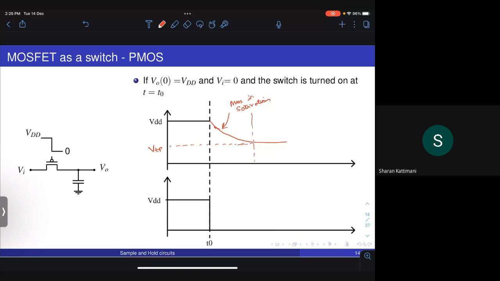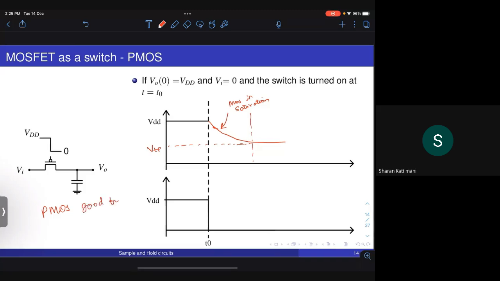So this PMOS is good for passing voltages close to VDD, whereas NMOS is good for passing voltages close to ground.